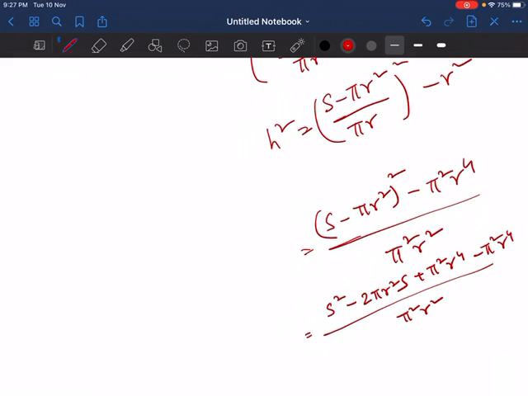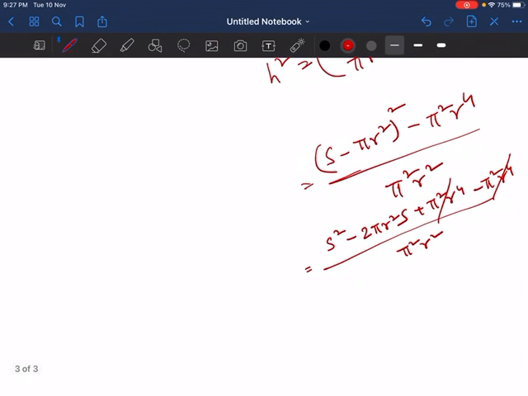You can cancel these two and write this expression as S square minus 2 pi r square S divided by pi square r square. So h square is S square minus 2 pi r square S divided by pi square r square.